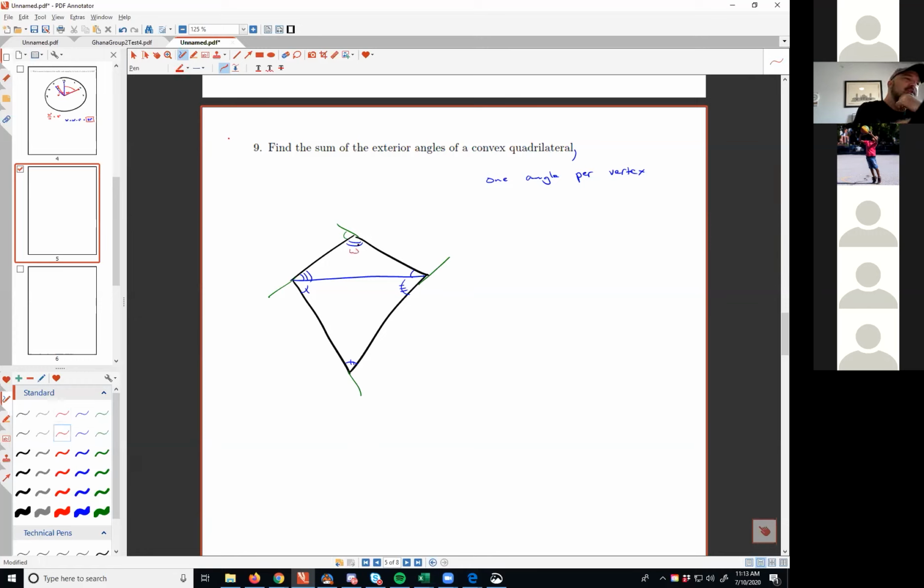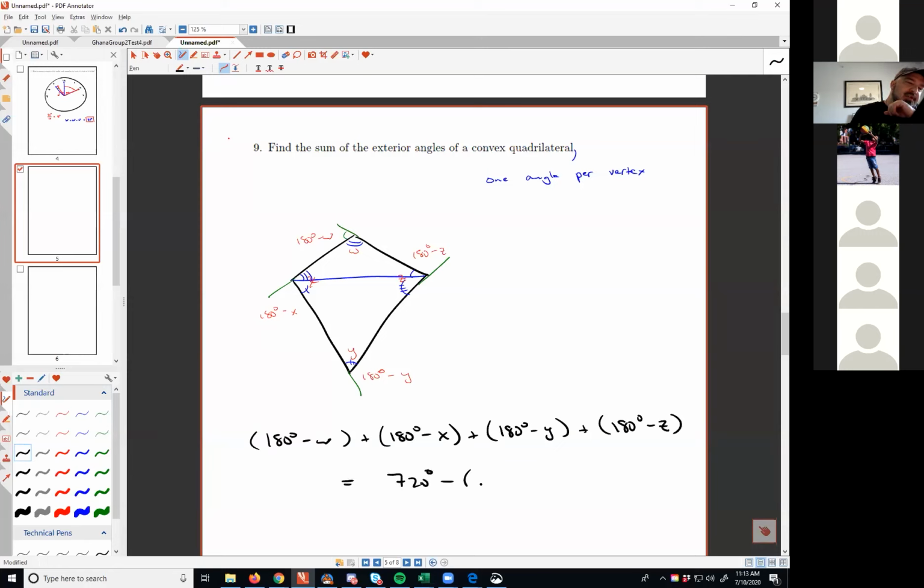Let's call those W, X, Y, and Z. Then the exterior angles are 180 minus W, 180 minus X, 180 minus Y, and 180 minus Z. And if we add those together, we get 720 degrees minus the sum of the interior angles.